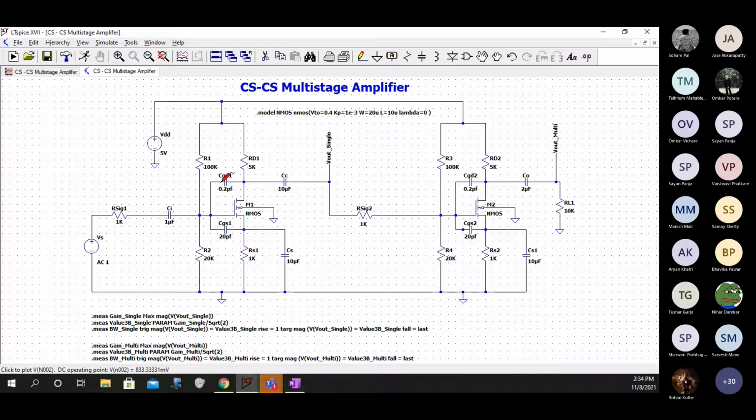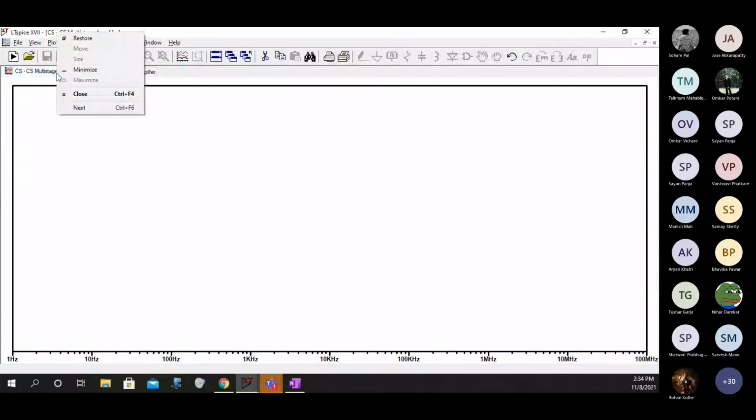Yes, put your outputs in the chat box. Put this circuit in the chat box first.